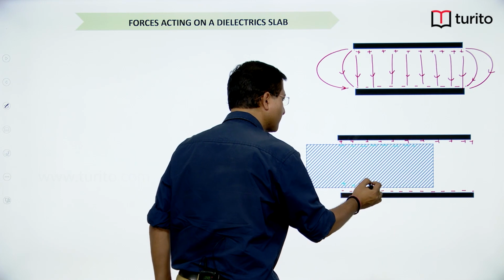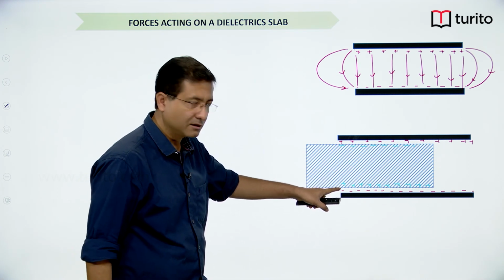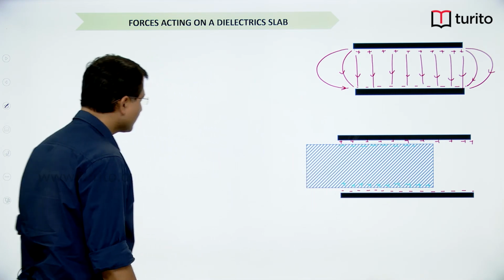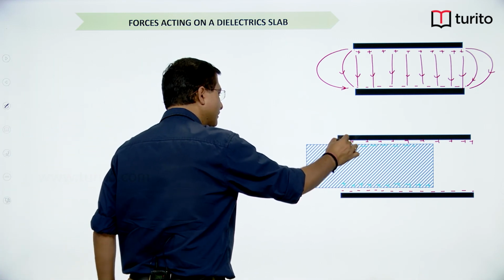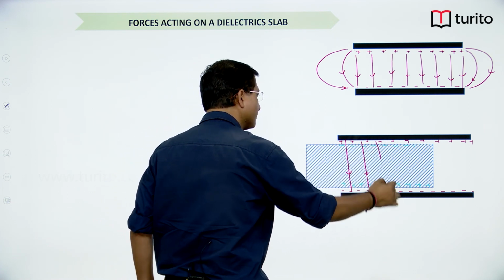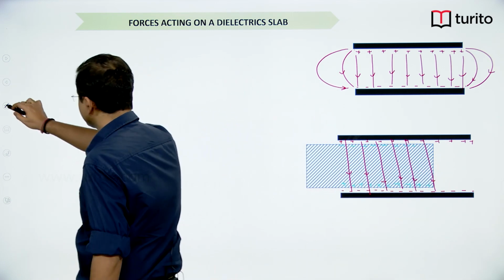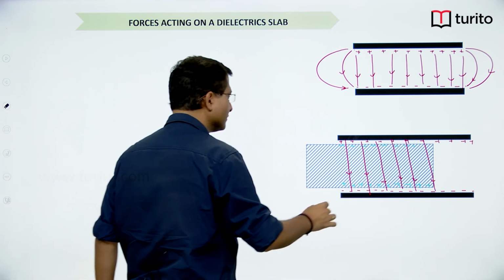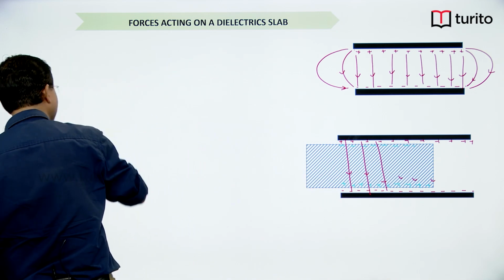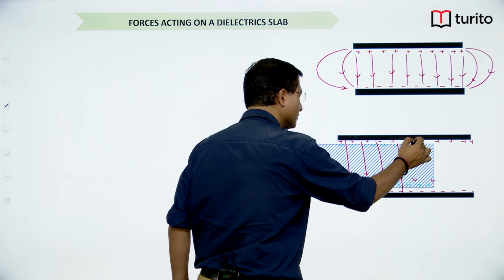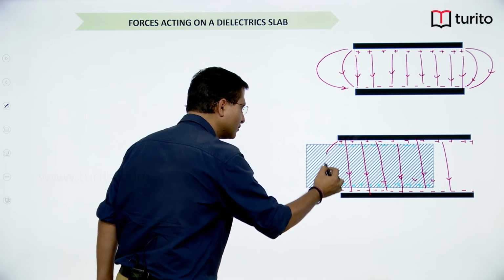Similarly, here there will be positive charge this way. So, these I hope you can see, these are positive and this side negative. Now, what happens when there is a fringe effect? So, here the line will be this way, no problem. See here these lines.